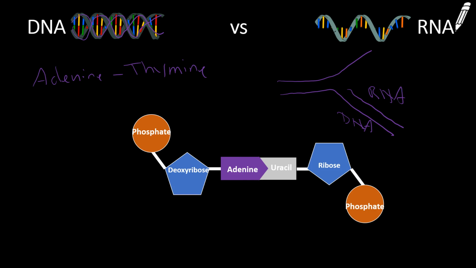Now, if DNA has an adenine on its strand, on the opposing strand of RNA, it will have a uracil instead. Everything else is identical though. If DNA has cytosine, RNA will have guanine. If DNA has guanine, RNA will have cytosine, and vice versa. The only difference is, instead of thymine, we have uracil.